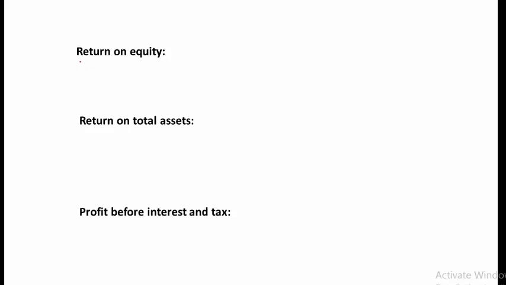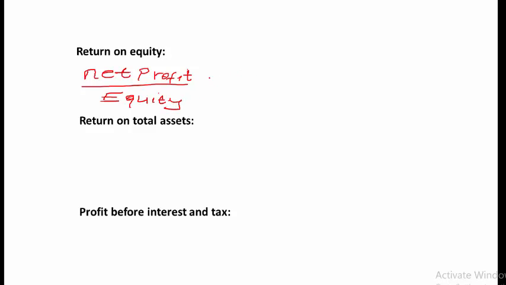So net profit over total equity, right? Or let's just put it as equity over equity.